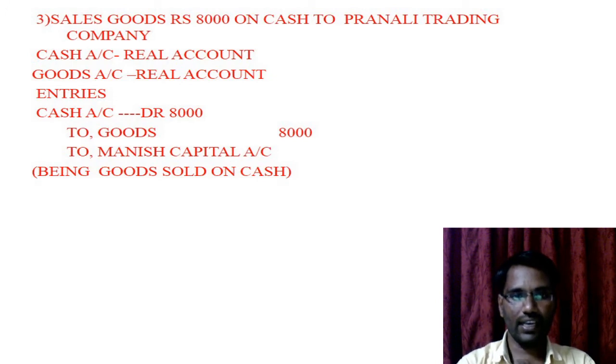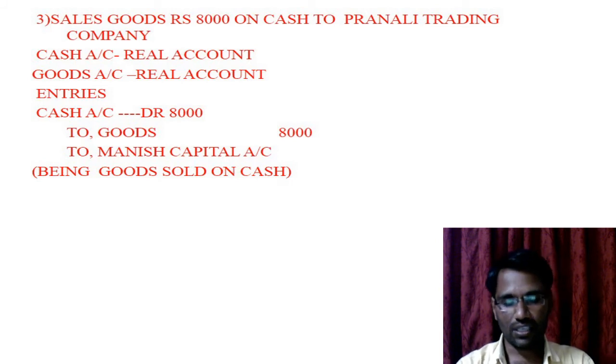Purposefully the Pranali Trading Company's name is given in this transaction, but you don't consider it because this transaction is made on cash. If a transaction is made on cash, at that time you do not consider the name of the person. So therefore we ignore the Pranali Trading Company. In this transaction there are two types of accounts, one is the cash account and the second is the goods account.